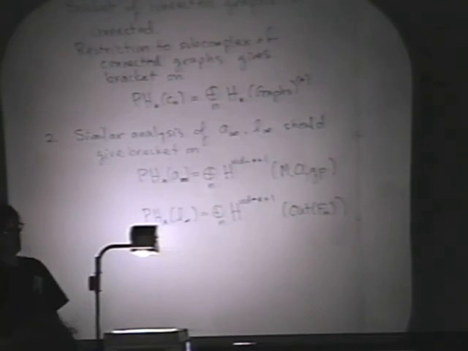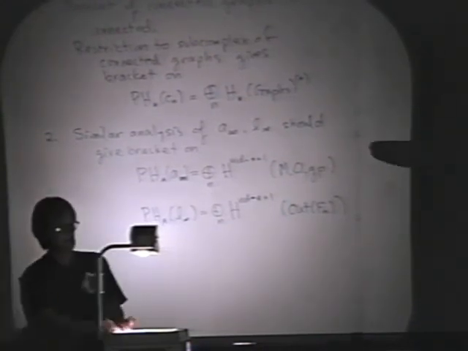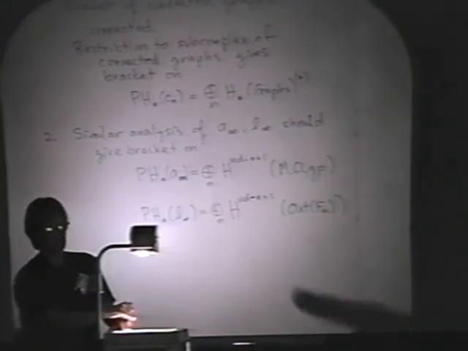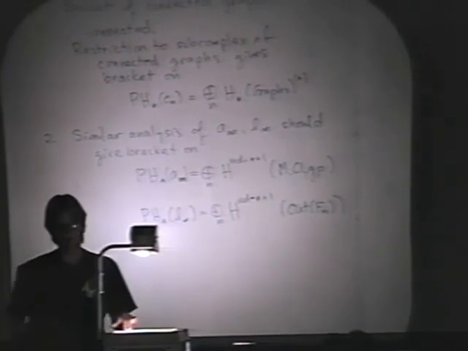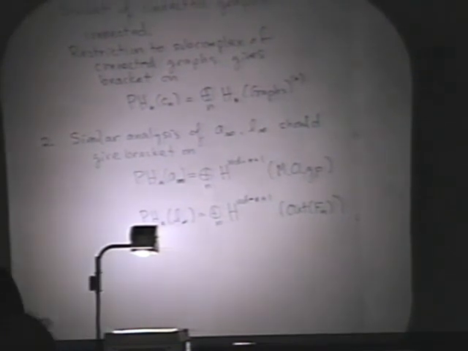And a similar analysis of A infinity and L infinity should give brackets on the primitive homology of the other algebras. These guys are identified with the cohomology of the mapping class group and the cohomology of Out(F_n). So what we have now is a super Lie bracket on those cohomologies, all stuck together.